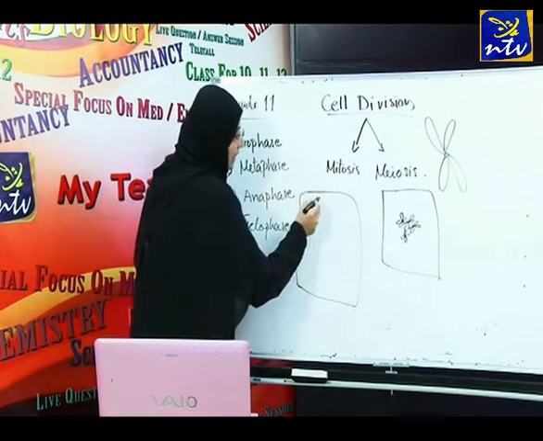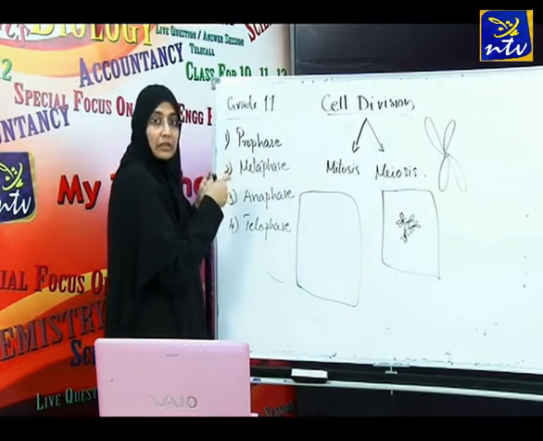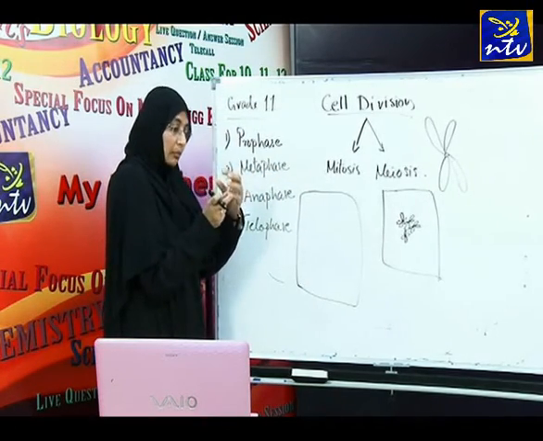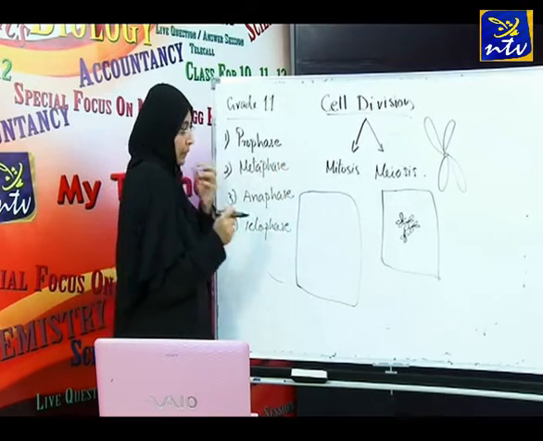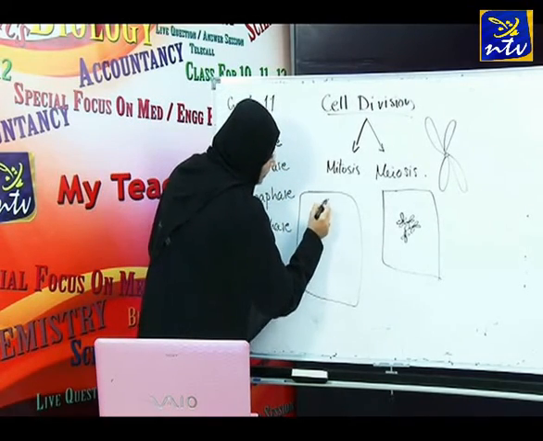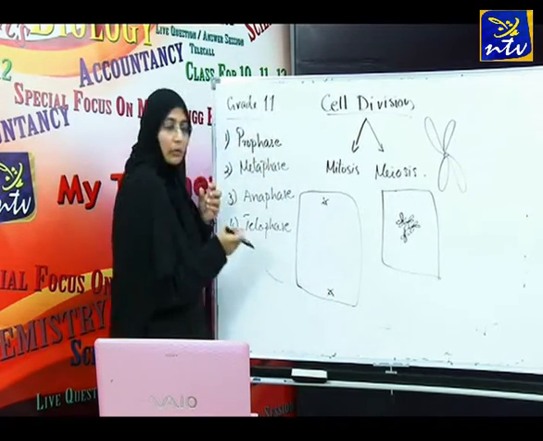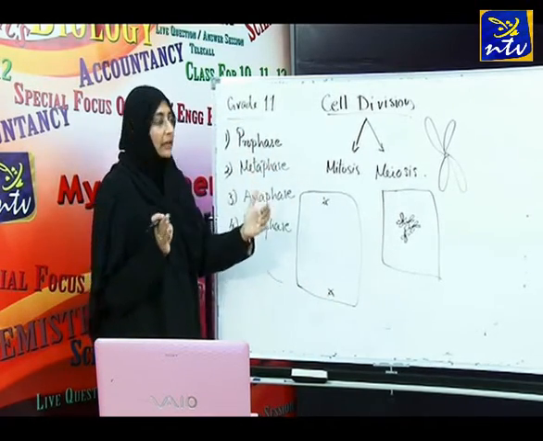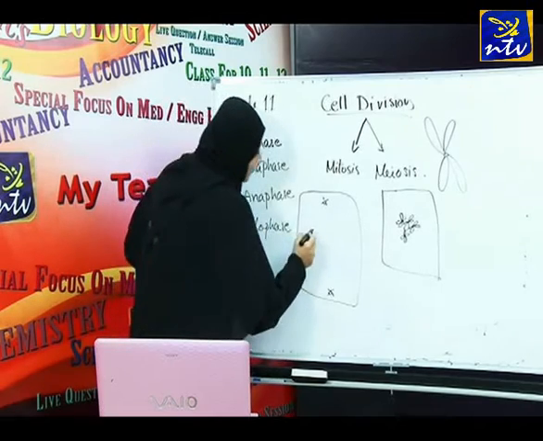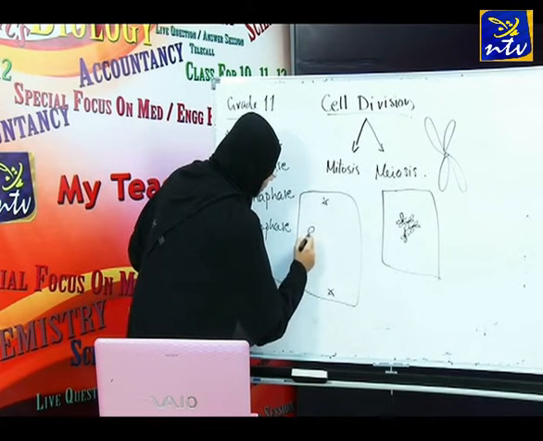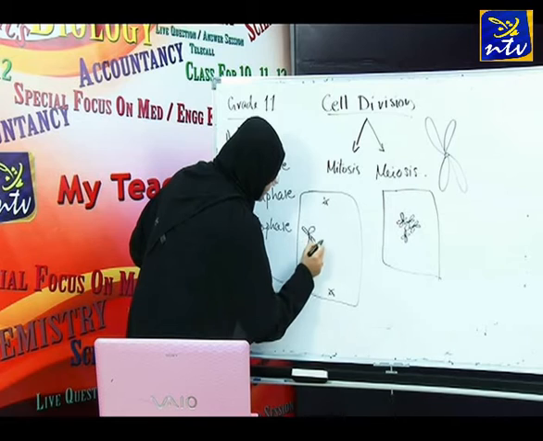So we can see that even in the late prophase, the centriole divides and moves to the 2 poles of the cell. So 2 centrioles will be there. These centrioles will move to the poles of the cell, as I said. Then the chromosomes arrange on the equatorial plane.